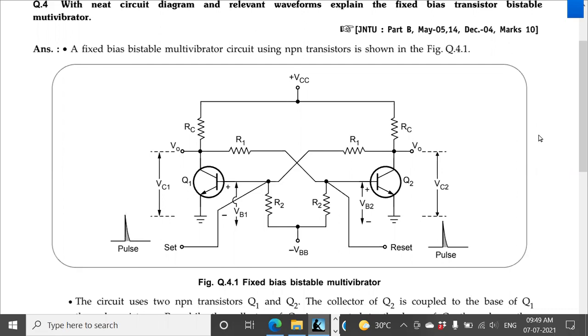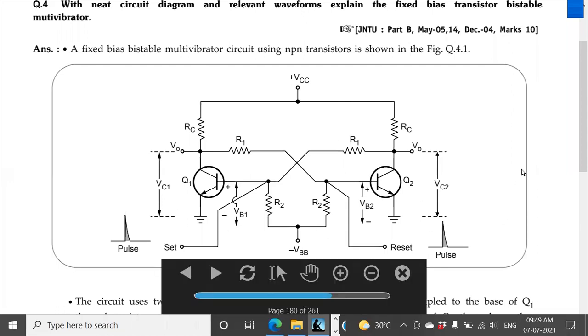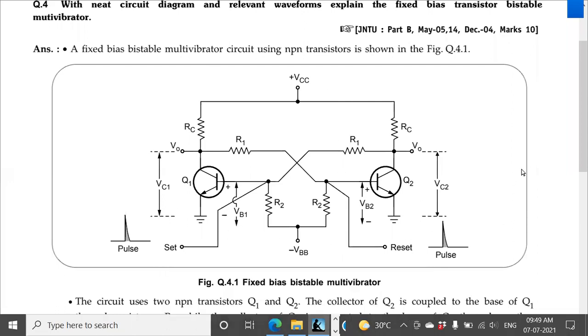For example, when we connect this circuit and switch on the supply, the current drawn by Q2 and the current drawn by Q1 practically will not be the same. Either the current through Q2 is higher than the current through Q1 or vice versa.